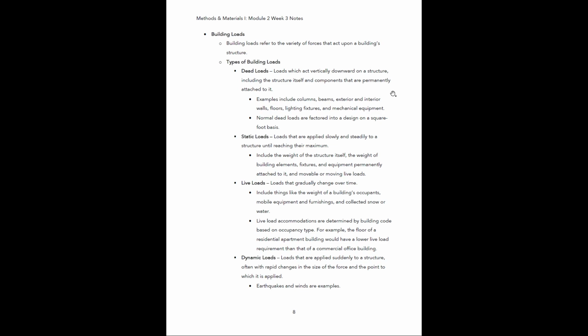So there's all kinds of calculations that they have to do, but basically all of these types of loads we'll be talking about here are things that they have to take into account and calculate in order to make sure that there's not going to be a structural failure down the line, okay? So, types of building loads.